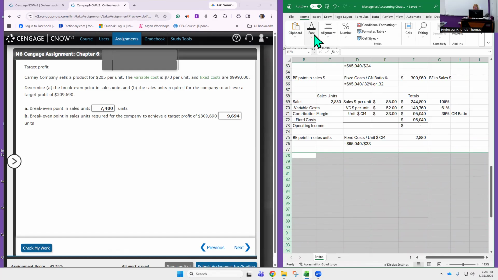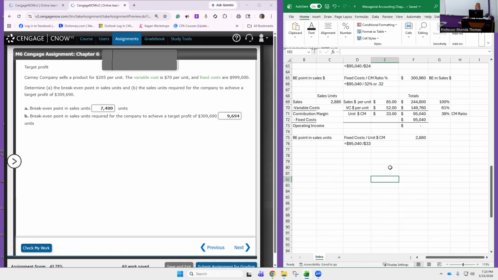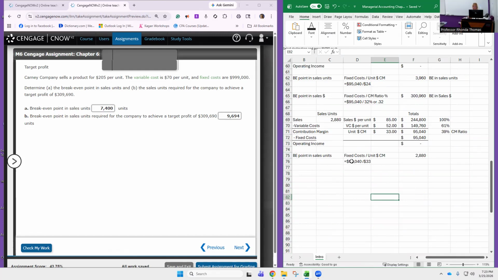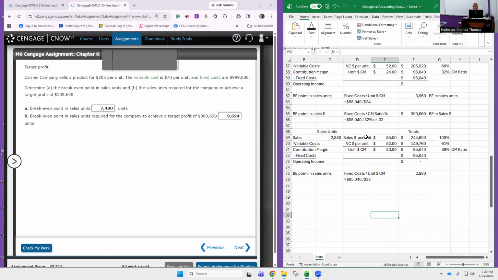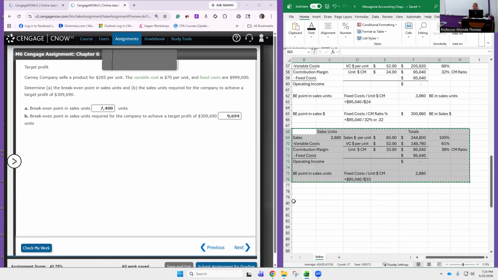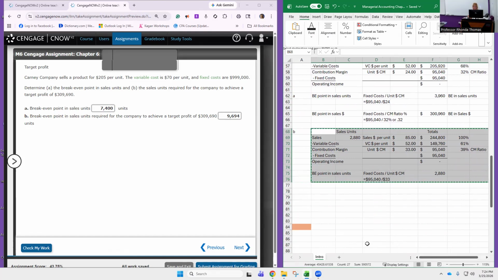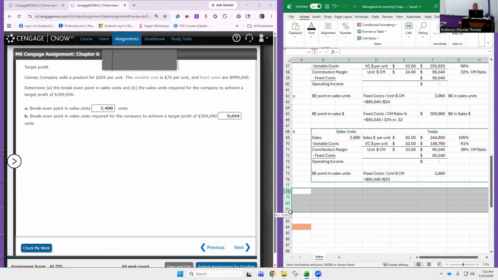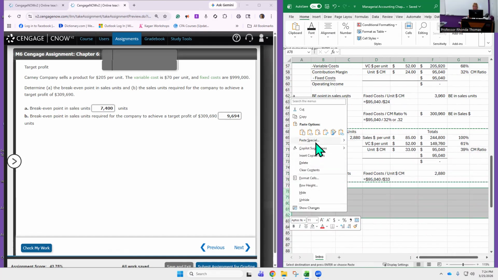So we're going to use this. I like this one because it lists this out for us. You have to know what the break-even point is before you get to figuring out adding a target to it. All right, so that has to come first.